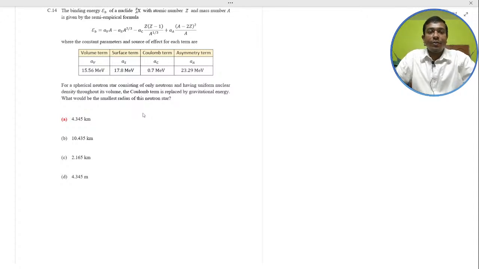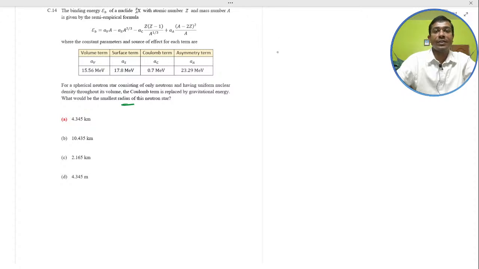For a spherical neutron star consisting of only neutrons and having uniform nuclear density throughout its volume, the Coulomb term is replaced by gravitational energy. What would be the smallest radius of the neutron star? This is for the shell model, nuclear and particle physics.